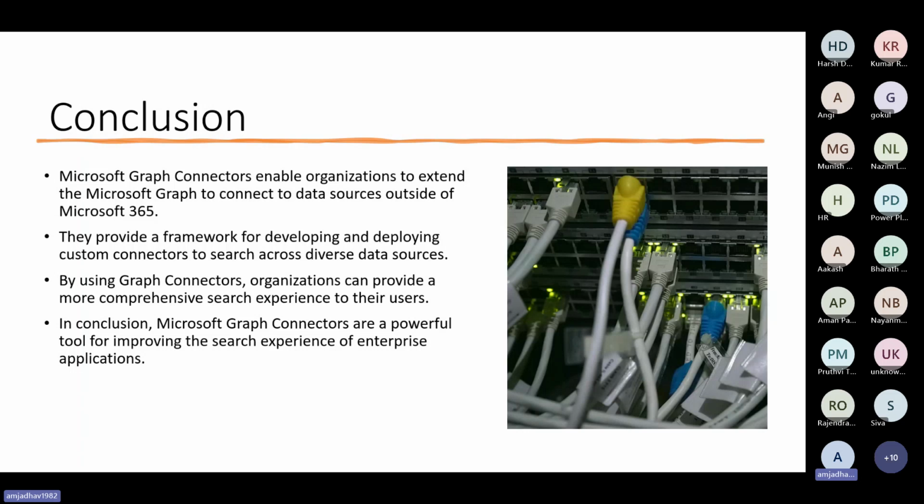By bridging the gap between the external data sources and Microsoft Graph, the Copilot becomes an even more powerful tool. It is capable of providing you insight and assistance across a vast array of content. And as we continue to embrace AI in the workplace, the synergy between the Copilot and Microsoft Graph Connectors will undoubtedly play a crucial role in shaping the future of work.